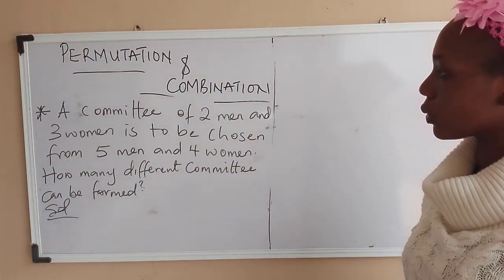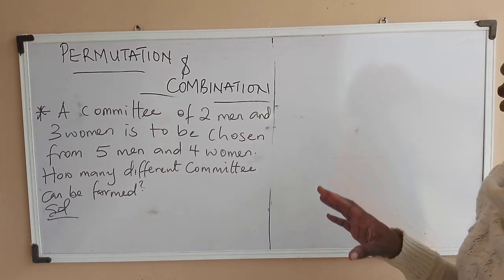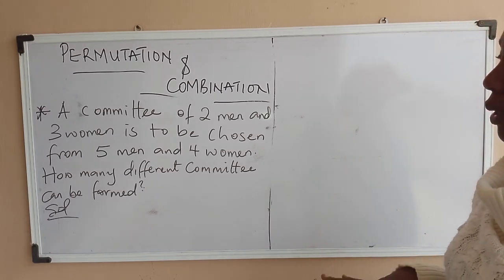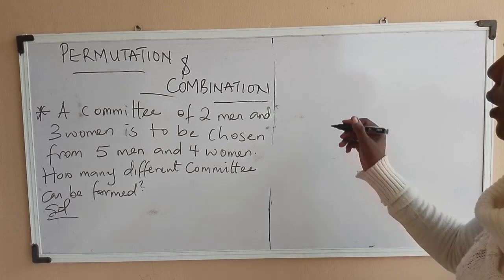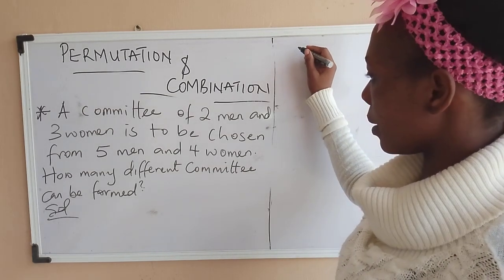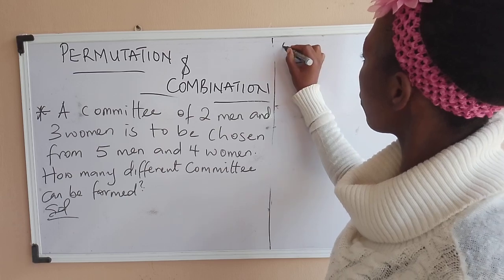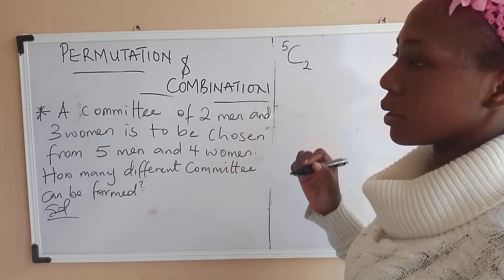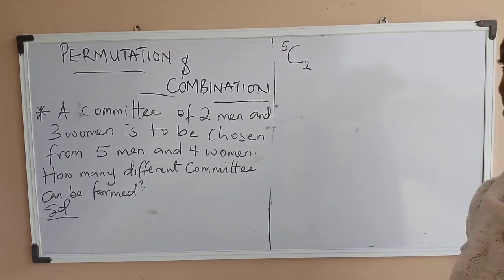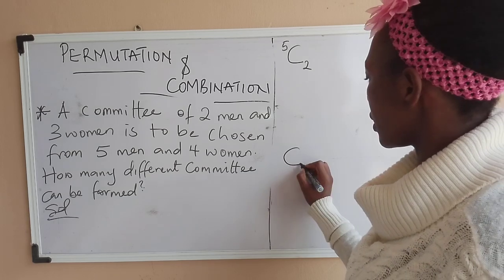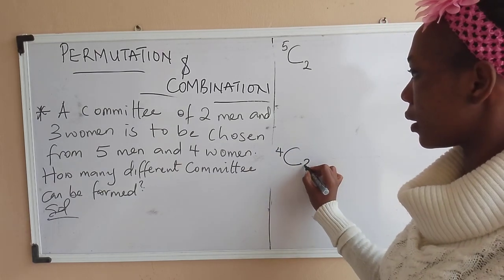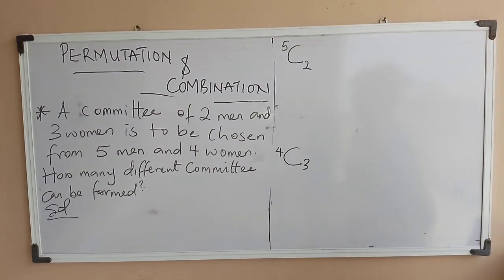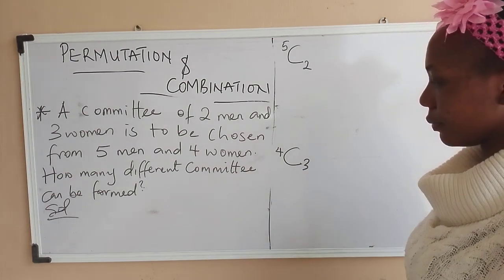All right, so we're asked a committee of 2 men and 3 women is to be chosen from 5 men and 4 women. So the first one we are going to consider men, 5 men to be selected, 2 men. Then the other one is 4 women selected, 3 women to form a committee.